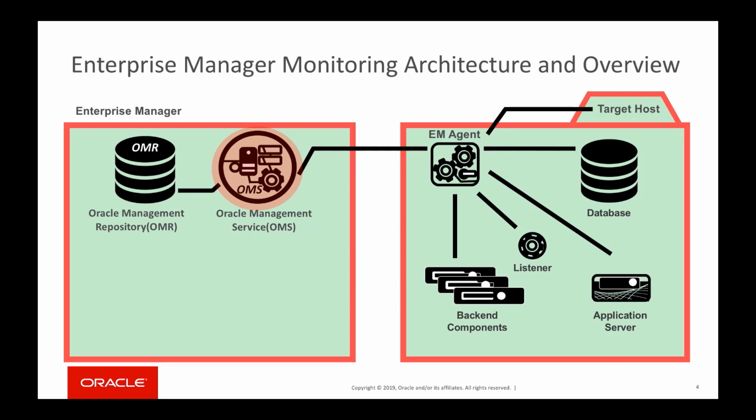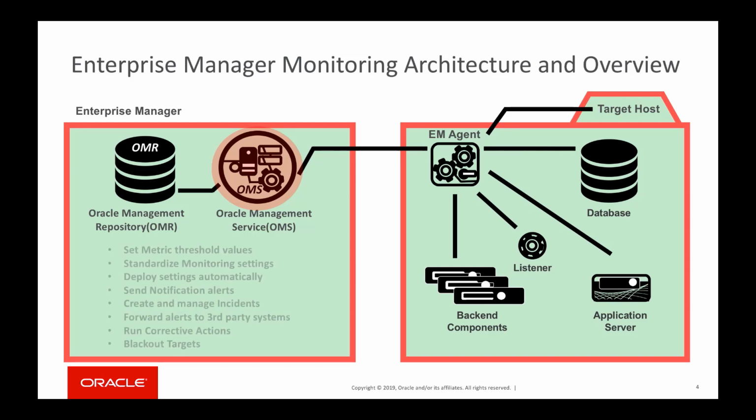And in regards to the monitoring configuration, that takes place mostly in the OMS piece. So what you can do in OMS, you can configure, first of all, the monitoring settings, such as metric threshold or collection timing for each metric in each target type.